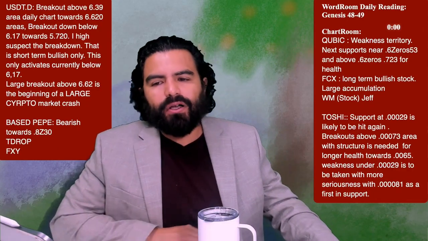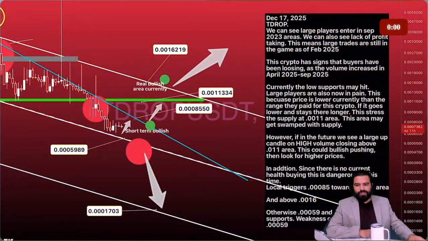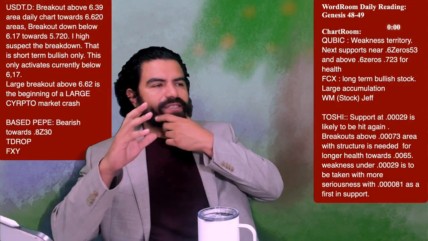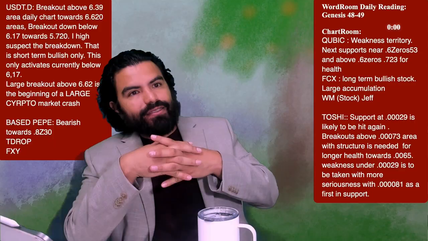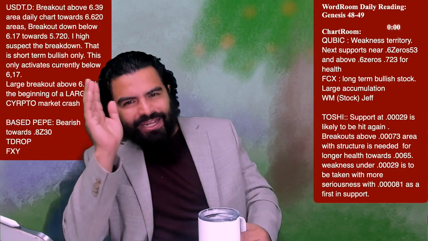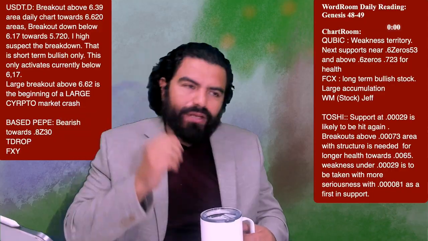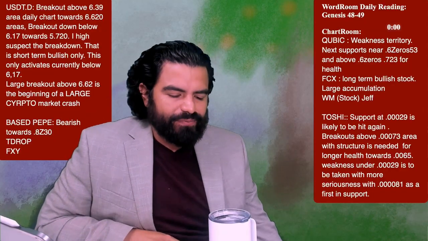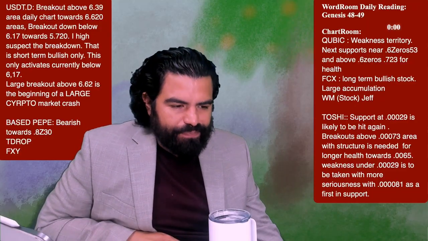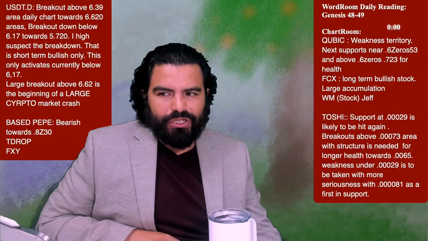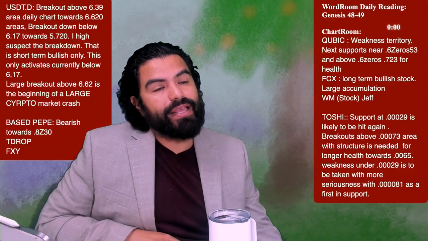Margin call. A margin call is when we're leveraged in a position and you are allowed a certain amount of money. If I have a $10,000 account, my exchange may let me take bullish positions beyond that $10,000.